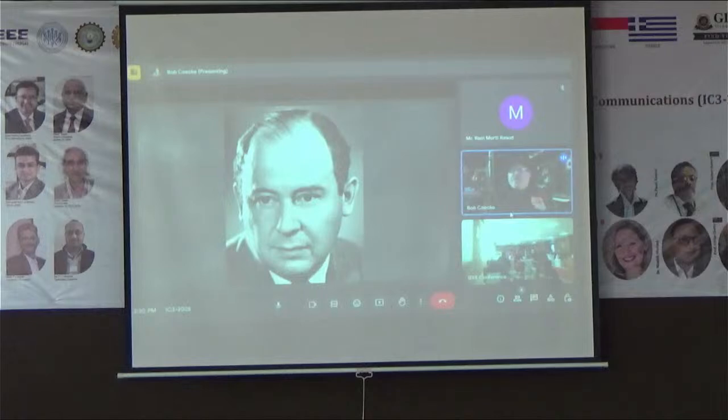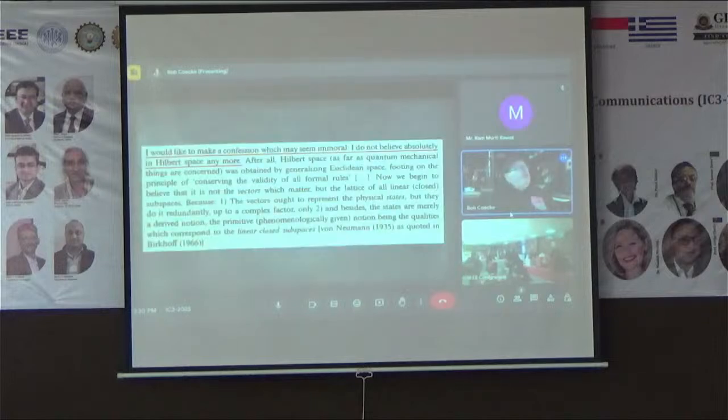But the Hilbert space formalism, as we know it today, is due to von Neumann, who published it in a book in 1932. However, in 1935 he wrote, "I would like to make a confession which may seem immoral: I do not believe absolutely in Hilbert space any more." He basically denounced the formalism of quantum mechanics which he came up with himself.